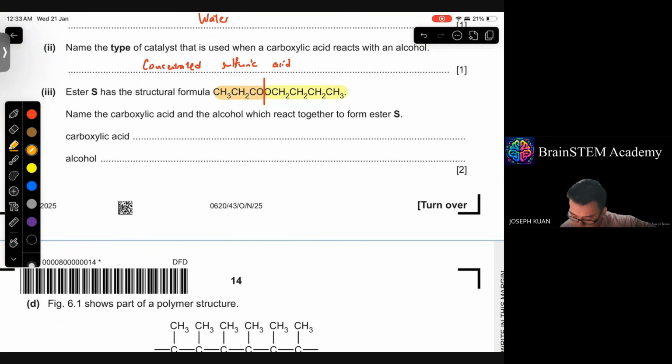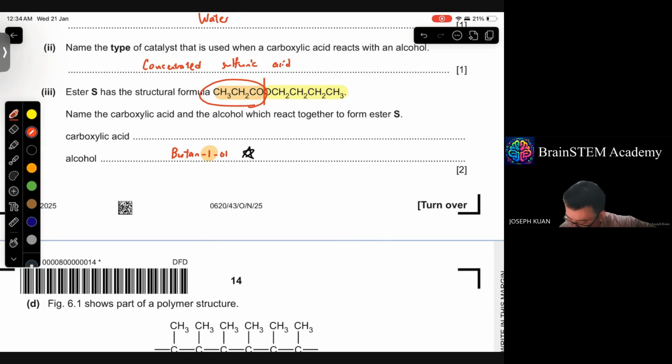This part originated from the alcohol. That's the remainder of the alcohol, and the alcohol has 4 carbons. So it's butan-1-ol. Turns out they are very strict. You must mention 1. If you don't, they will mark you wrong.